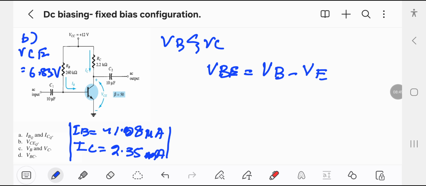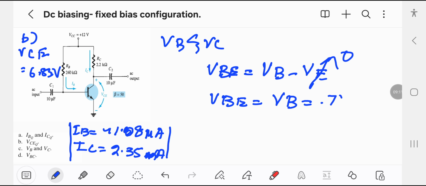As we know that VE is grounded, it is equal to 0. So here VB is equal to VBE, which is actually 0.7 volt, and VCE is actually equal to VC minus VE.